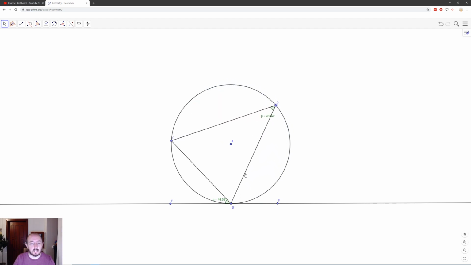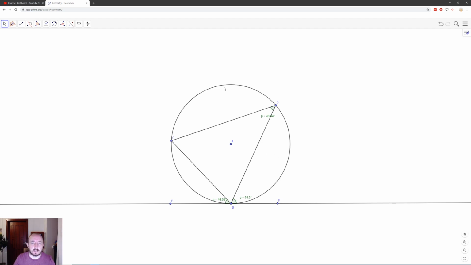If we do the same thing for the other side, let's make the angle down here, 65 degrees. That means that we've created an angle in DBF, that's the minor segment now.